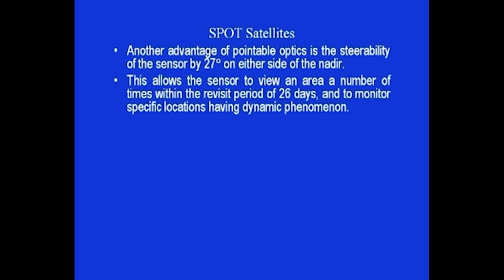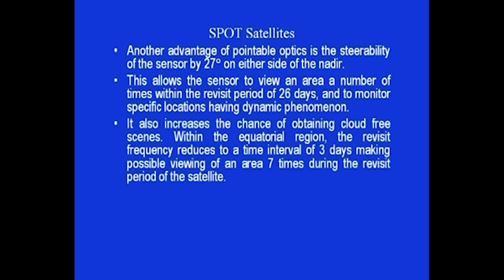This allows the sensor to view an area a number of times within the revisit period of 26 days and to monitor specific locations having dynamic phenomena. It also increases the chance of obtaining cloud-free scenes. It has been found that within the equatorial region, the revisit interval reduces to 3 days, making possible viewing of an area 7 times during the revisit period of the satellite.